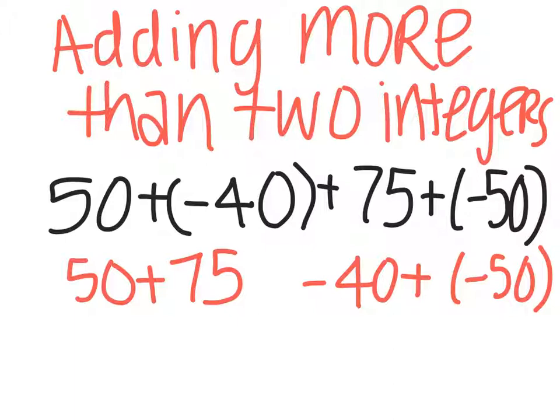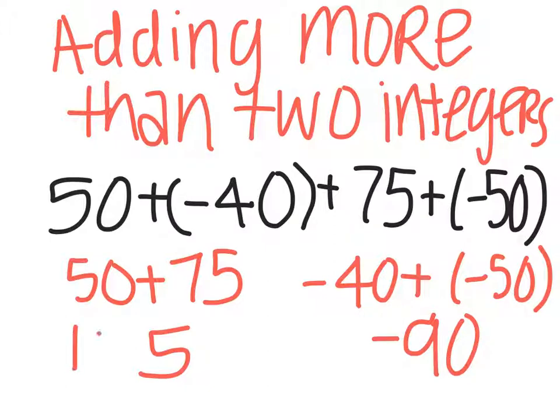So negative 40 plus negative 50 is negative 90, because 5 plus 4 is 9, and then you bring the 0 down, okay? Then 50 plus 75 is 125, okay? So 125 minus 90. So we're going to put the plus sign right here. 125 plus negative 90, okay?